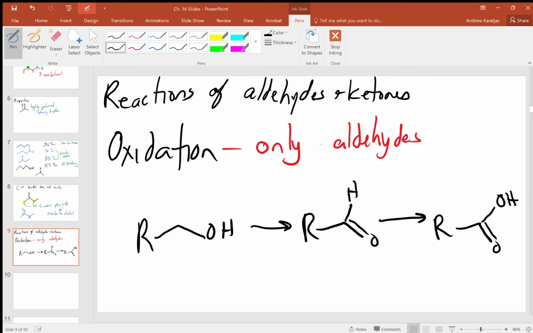But aldehydes are chemicals that you often have to be very careful with. If you leave a bottle of aldehyde, something like benzaldehyde, sitting around for a long enough time, you may start to see a white solid in your bottle of benzaldehyde.